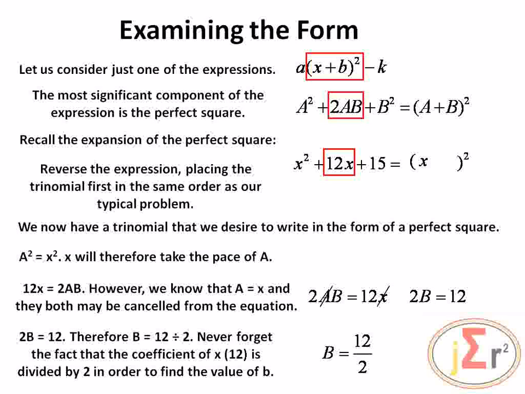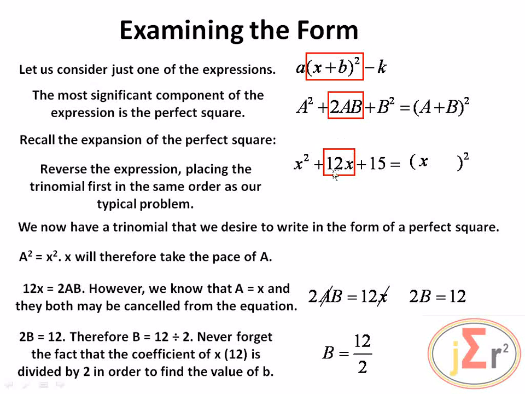This is done so that you remember why it was done in the first place. It is done because the middle term, as we see, 2ab is equal to 12x. But a is equal to x.